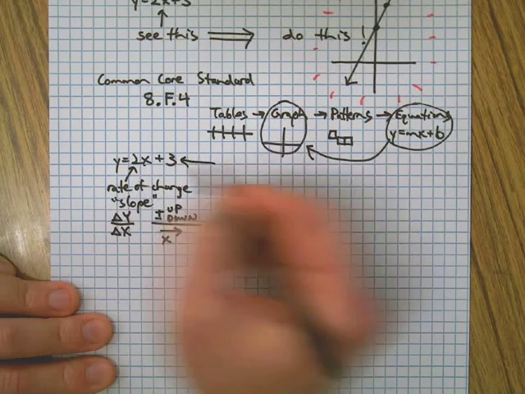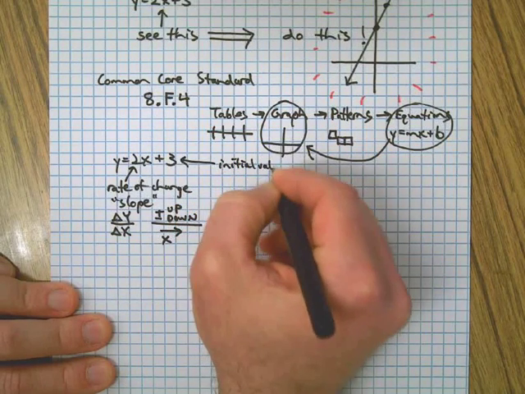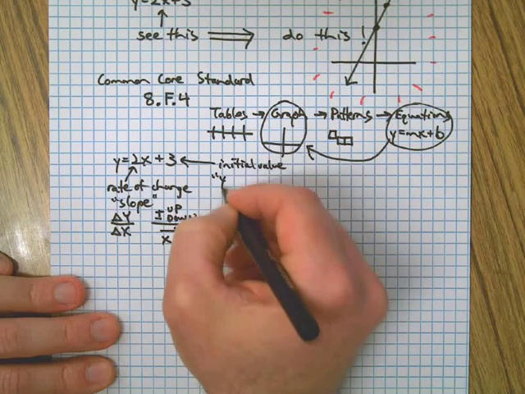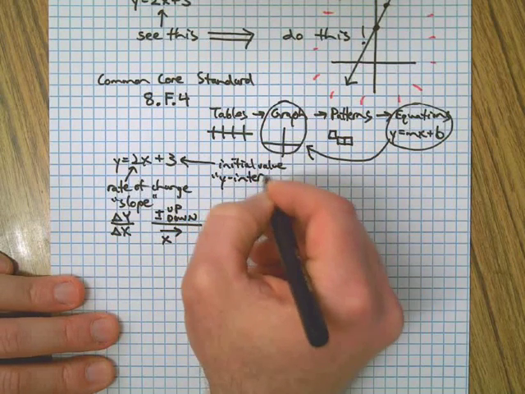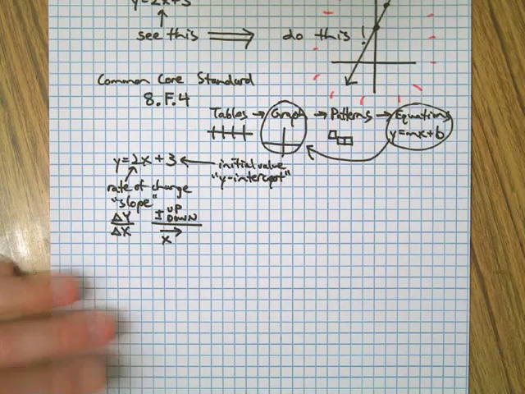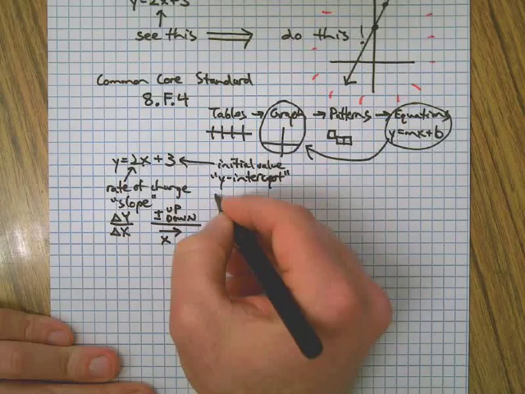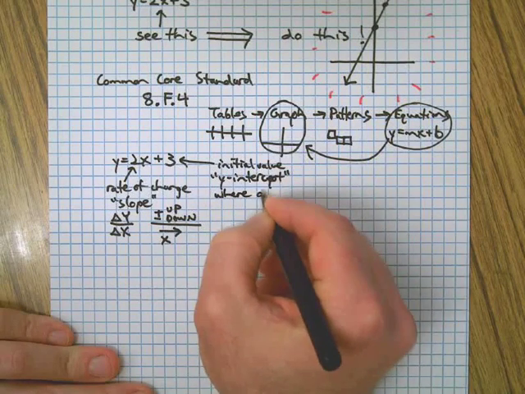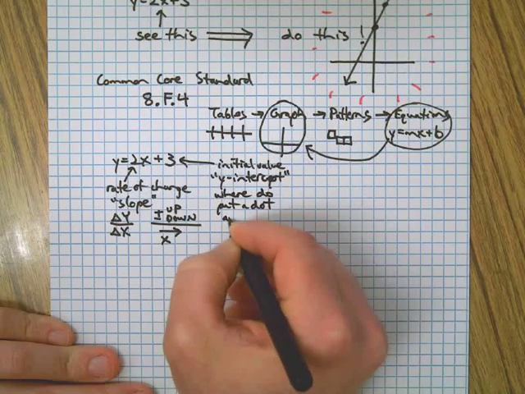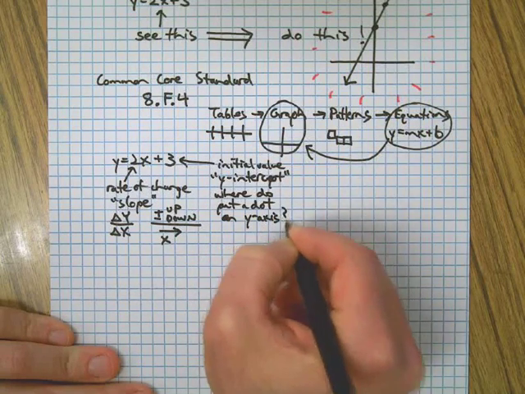And the 3 represents the initial value. Later on, the lingo will be the y-intercept, which becomes key in this strategy of how to change it into a graph. That's just where you put a dot on the y-axis, very simply stated.